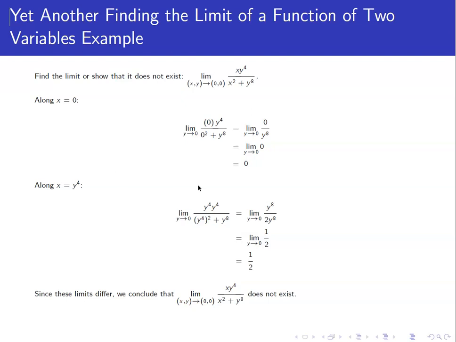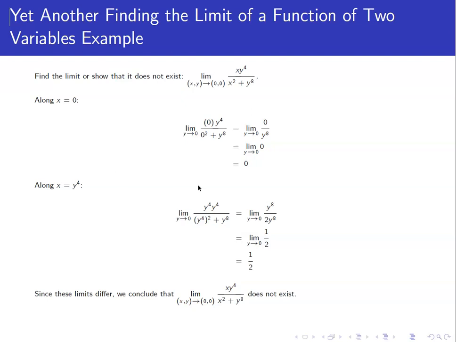I plug in 0 everywhere I see x. On the numerator, I just get 0, because I get 0 times y to the fourth. The denominator is y to the eighth. My y value is still approaching 0. I simplify the 0 over y to the eighth to 0, and then that limit turns out to be 0. So if I go along the y-axis, along x equal to 0, I get 0 for my limit.